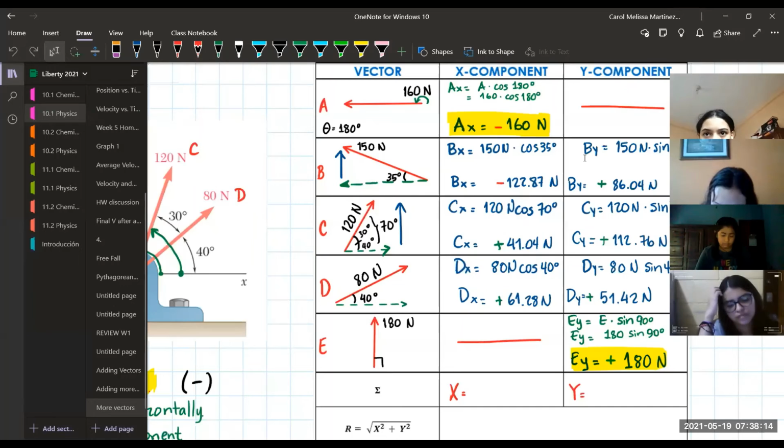Okay, now what about the X? Let's add them all. I get negative 217.55 Newtons.